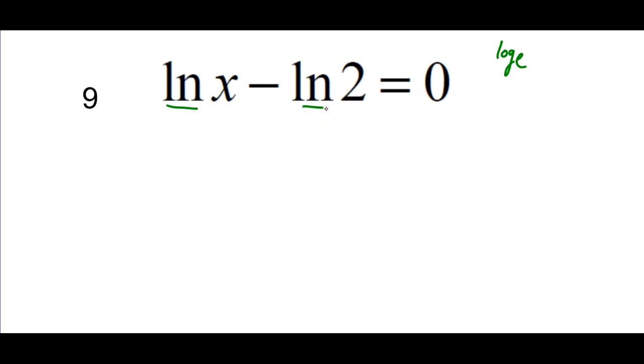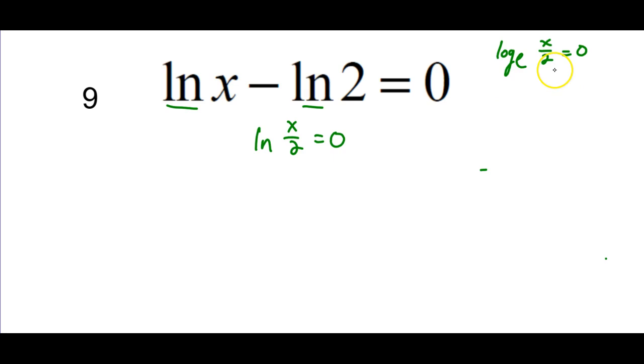And one of those properties is if we have a minus sign, the same log with the same base, we can say this is the same thing as natural log of x divided by 2 is equal to 0. And then from there we can solve this by taking the inverse of both sides, or you could look at it as log base e of x over 2 equals 0 and rewrite it in exponential form.